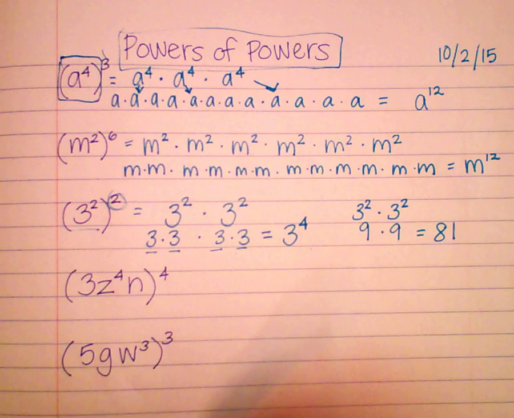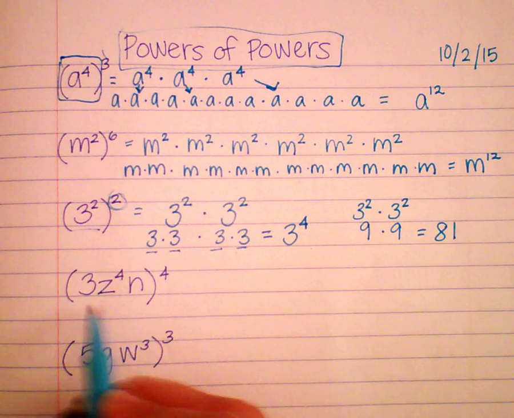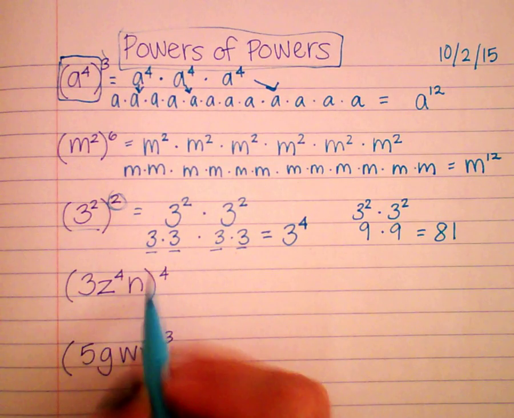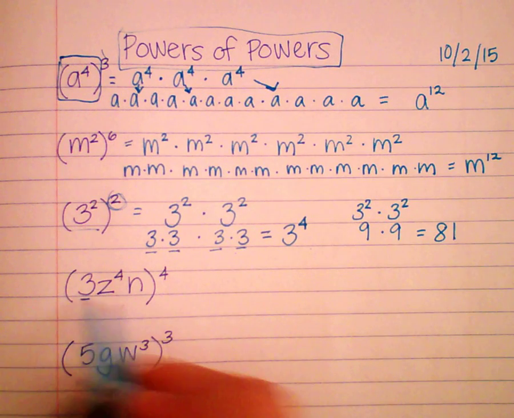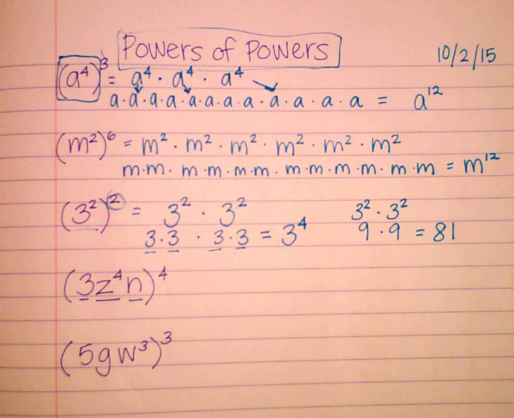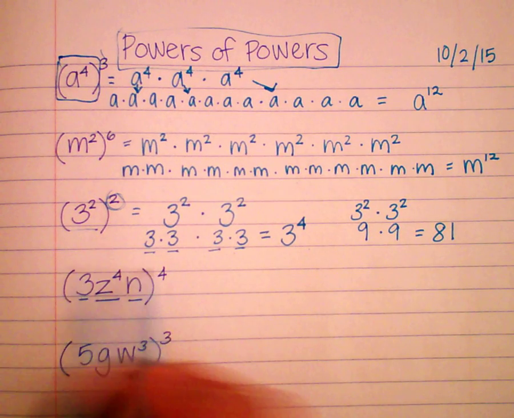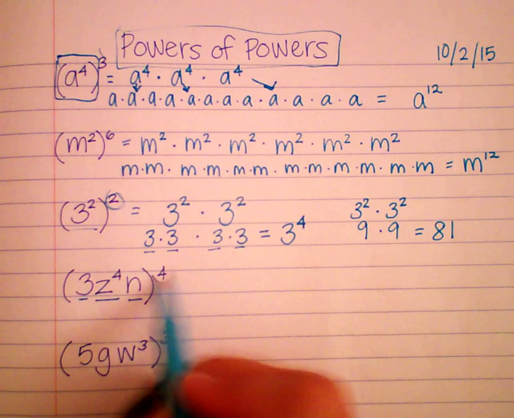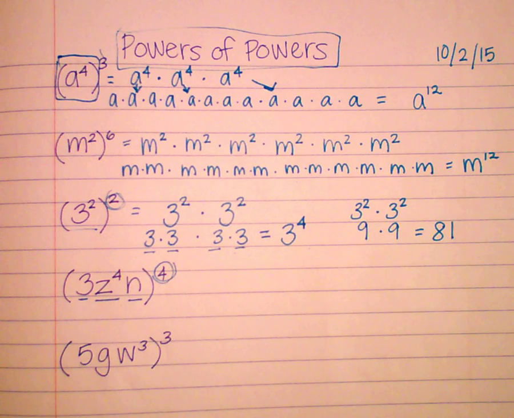Now this next one is a little different because we can see our base has a few terms here. We've got the 3, we've got z to the 4th, and we have n. Okay, so the first thing I do is I expand. I take my base and I multiply it by itself however many times my exponent wants, in this case 4.